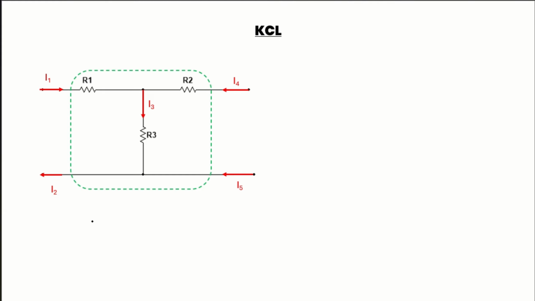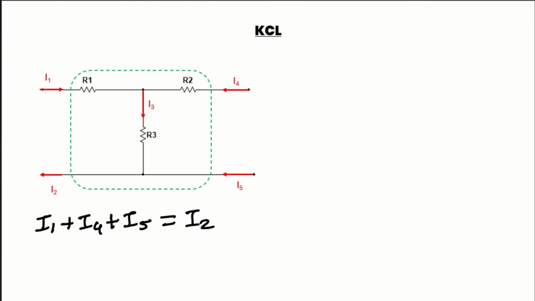According to this example, we can write I1 plus I4 plus I5 should be equal to I2, because I1, I4 and I5 are coming toward the network, but only I2 is going out from the network.